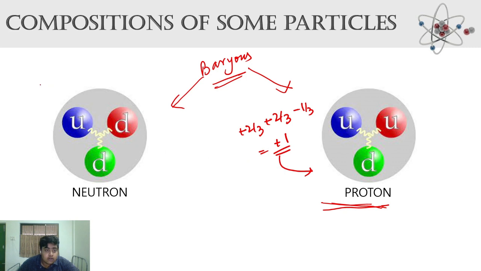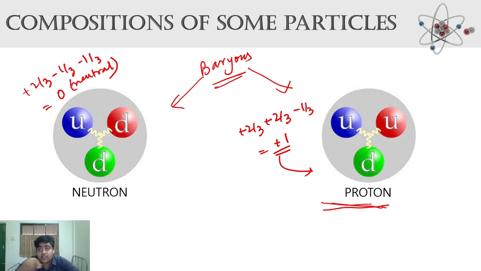And neutron consists of one up quark and two down quarks. So it's plus 2 by 3, minus 1 by 3, and minus 1 by 3. So it becomes 0, which is the property of neutron since it's neutral. So this proves the fractional charges of quarks.